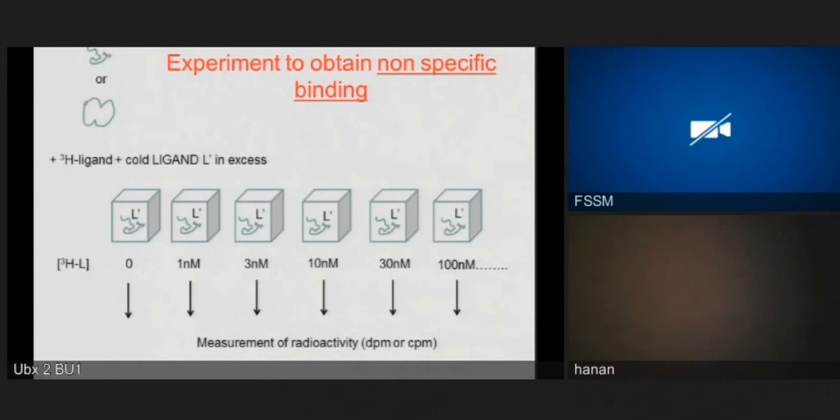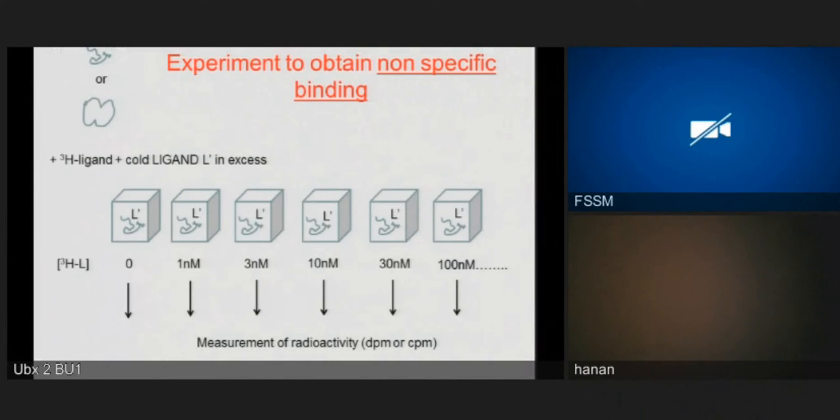You put L prime in excess, for instance 1 micromolar, 10 micromolar. So it means that L prime will occupy 100% of the receptor. In this condition, it is likely that radio-labeled L won't reach R.